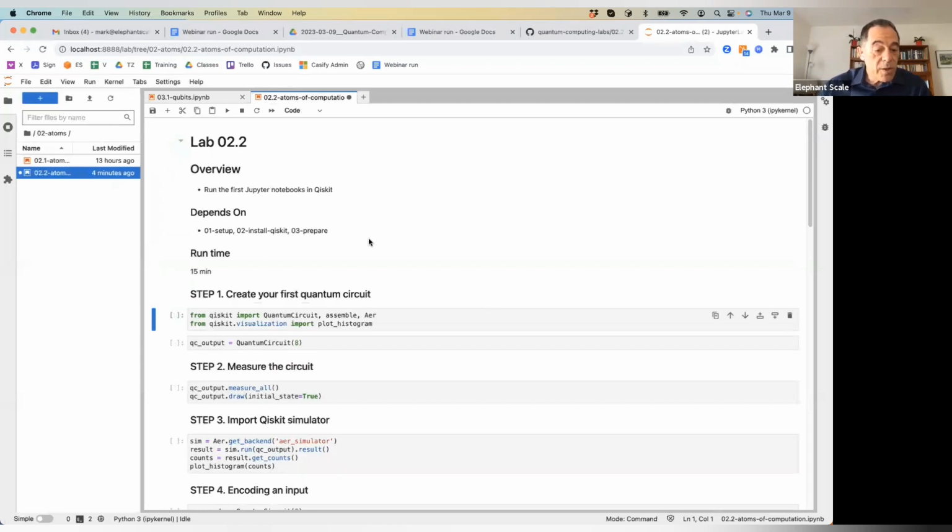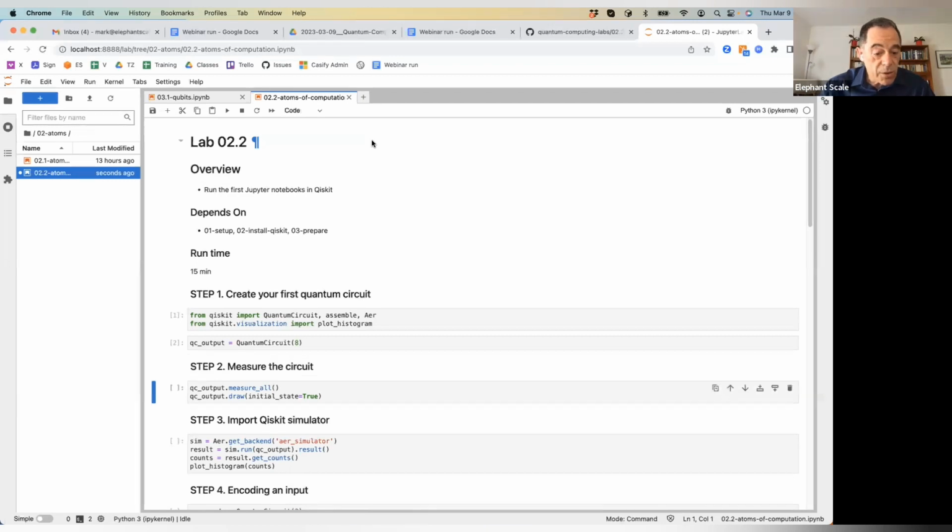Now, the way to run it is either by clicking run here, and it imports now the necessary libraries, which include quantum circuit, assemble, and Aer, and this Aer is a simulator, or you can shift return. That's how you work with those. So right now I shift return because I didn't want to mouse over to here.